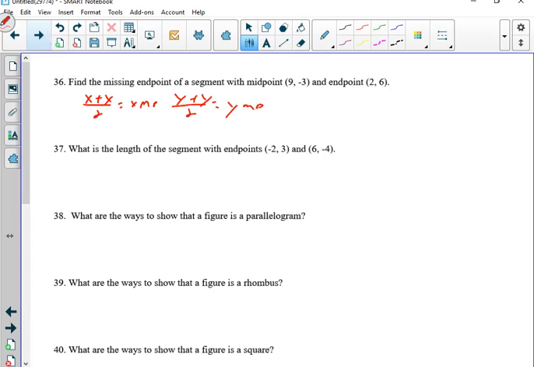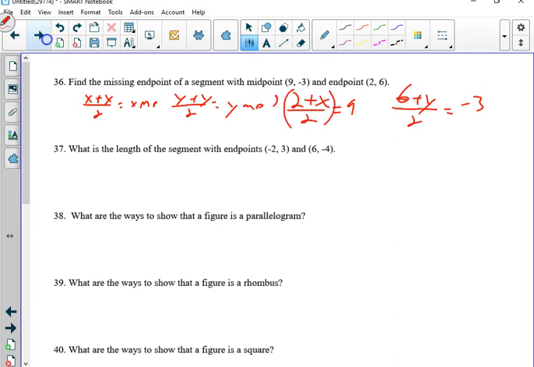Well, in this case, we know the one endpoint is 2. We don't know the other one. But when we divide by 2, we get 9. And the other endpoint is 6 plus a missing endpoint divided by 2 will give us negative 3. And we just work backwards.